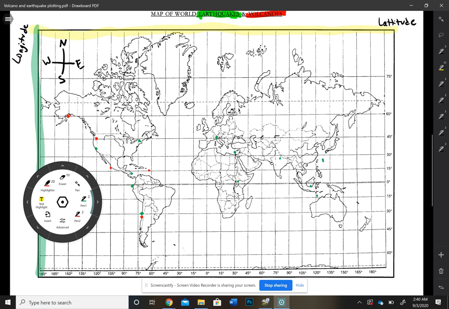Alright. 35 north, 140 east. Look right there. Okay. 46 north, 12 east.